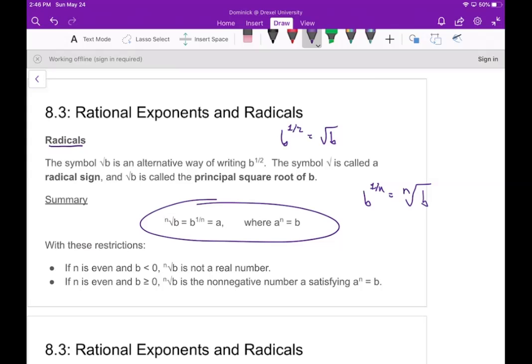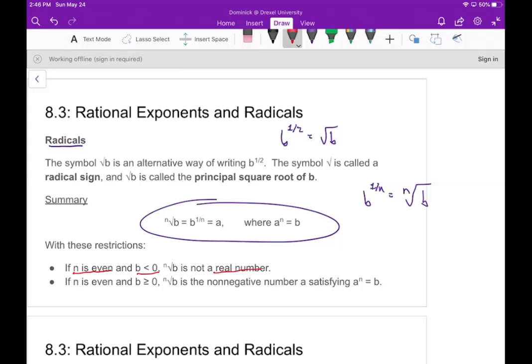Now there are some restrictions that we have talked a little bit already about with some examples. If you're taking an even root and your number on the inside is negative, then the solution is not a real number. We'll talk a little bit later about complex numbers, and we'll be able to say something more about that.